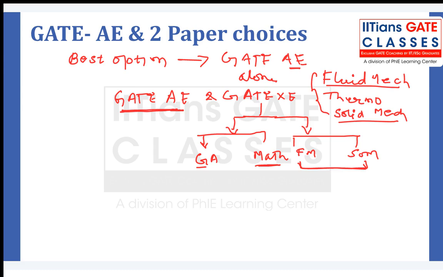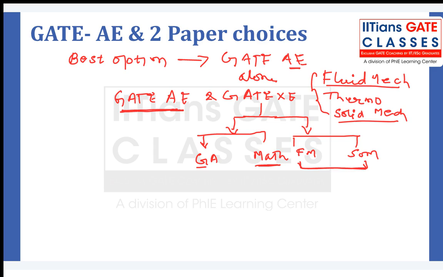So the best combination I give to those who want to apply for both AE and XE is to choose fluid and SOM. Somebody might say, suppose I am very good in propulsion and have learned thermodynamics very well in my engineering.